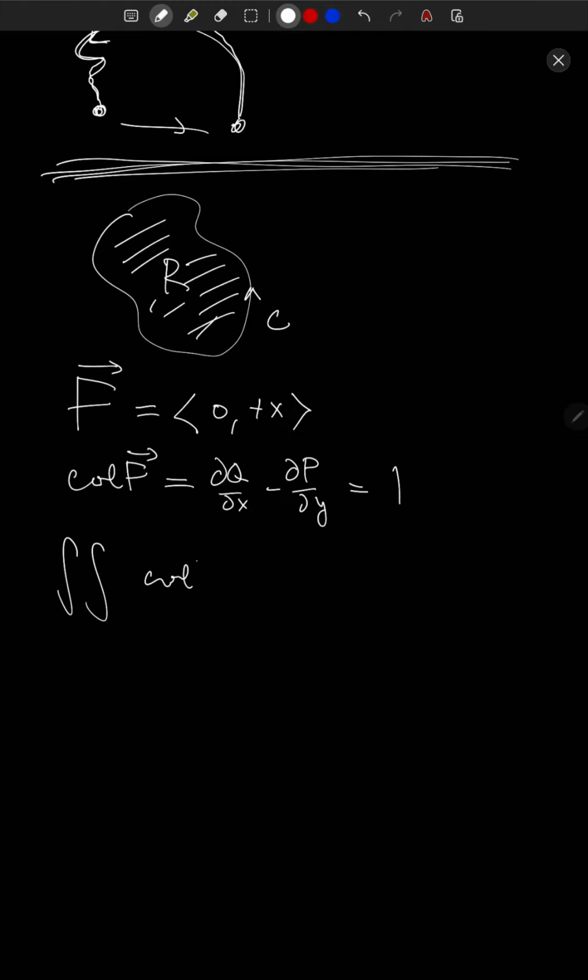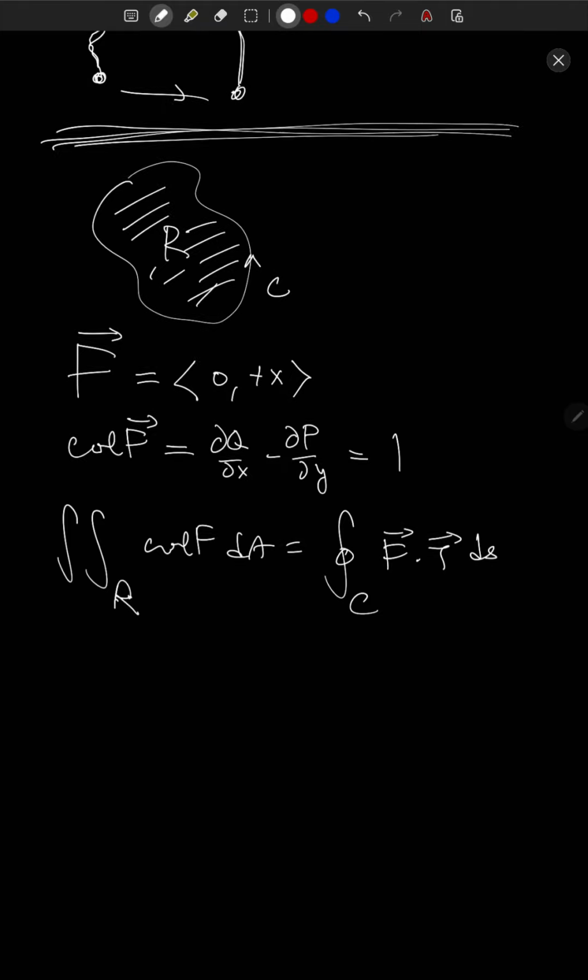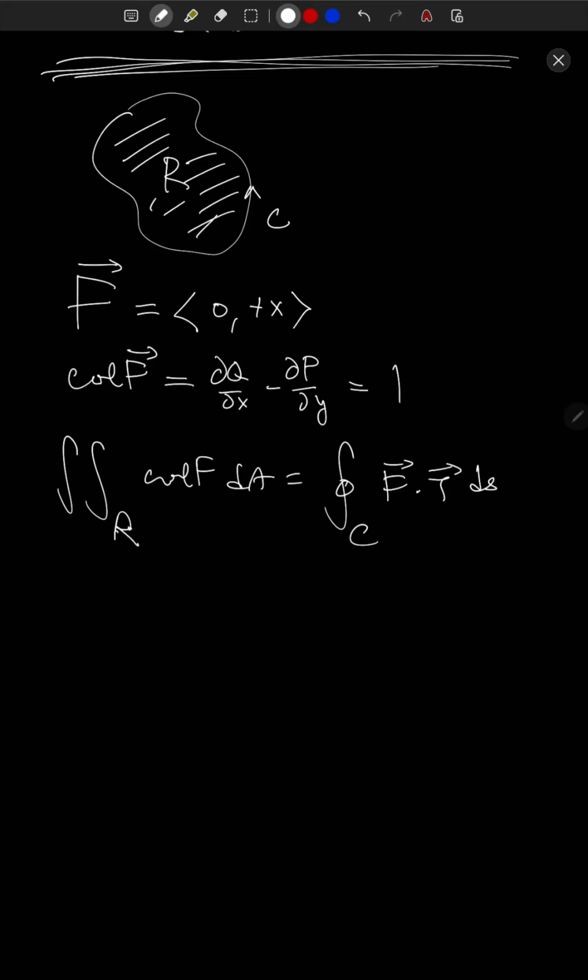Double integral, curl of F over region R, dA is equal to single integral, circulation, ds over the boundary. And I guess our book likes to put a loop just to emphasize it's a loop. Curl of F is 1. So this left-hand side is just the integral of 1.